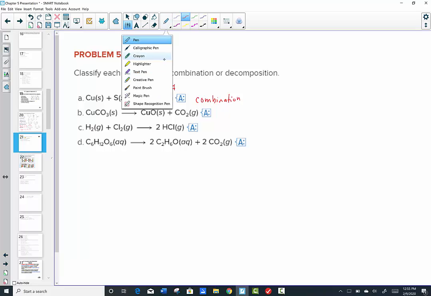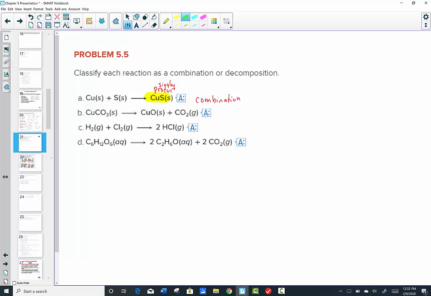What makes the decomposition unique is that you start with a single reactant. And when that happens, you break down into simpler substances. And that's our trick for picking out a decomposition, is it has a single reactant. Letter C, I notice that I have a single product. And that means that this is known as a combination.